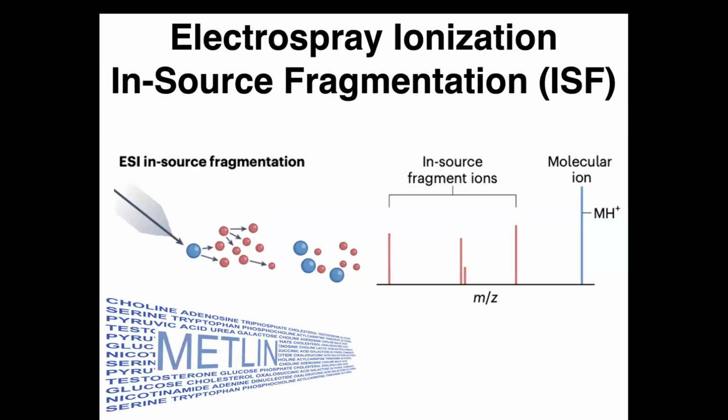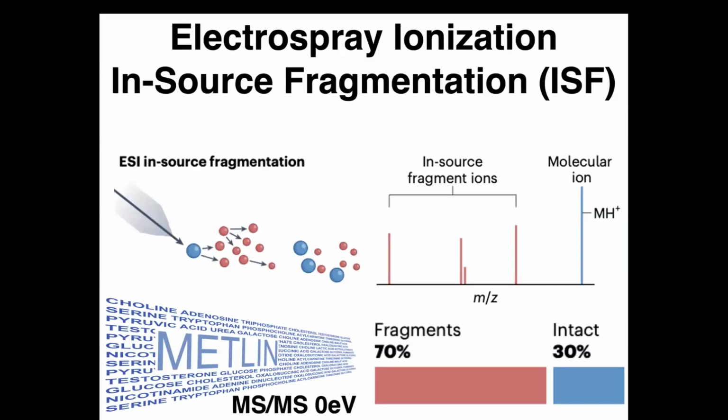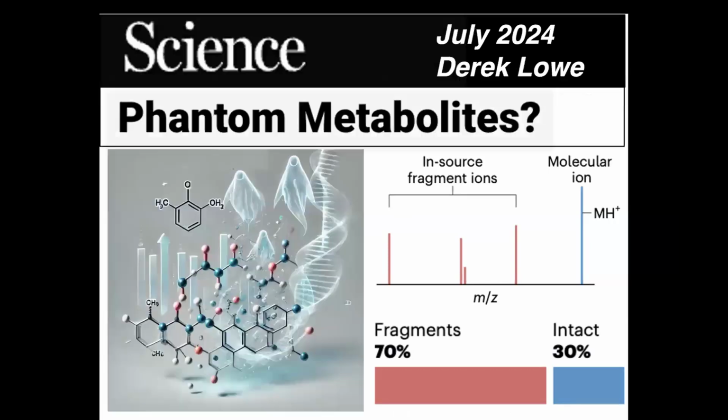Based on this analysis of the MSMS data at 0 electron volts, we found that of the peaks that are typically being observed, actually 70% of them are in-source fragments. The reality is that since in-source fragmentation is generally more energetic, we suspect that this 70% number is fairly conservative.